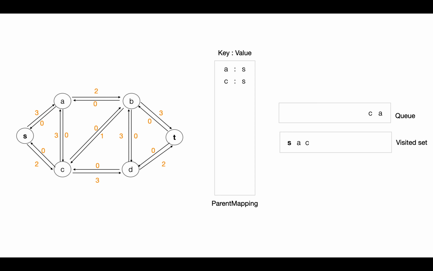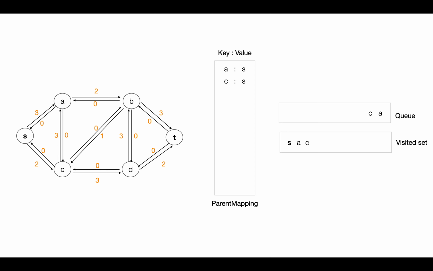So now we're done for S, and now we select the next vertex that we have in the queue. So the next vertex that we have in the queue is A. So now we're going to look for the forward edges going outwards from this A to the other vertices having value greater than 0 and which are not already visited.